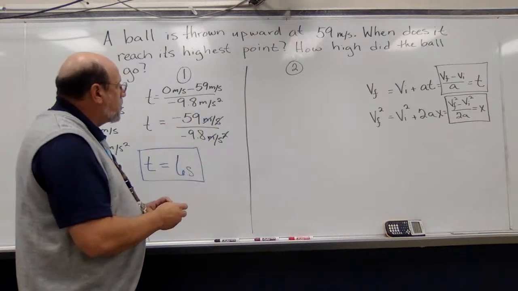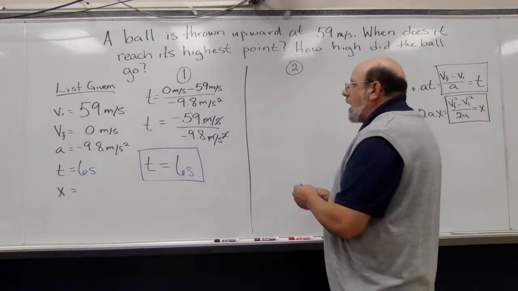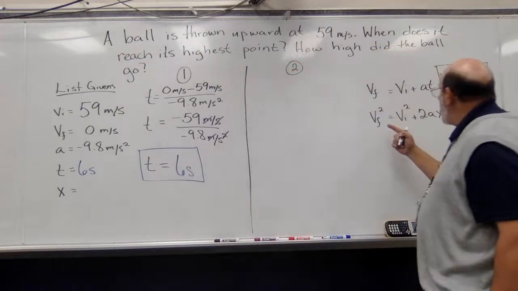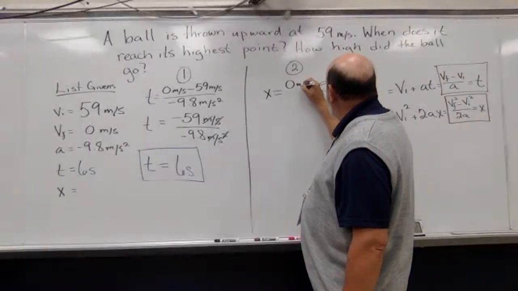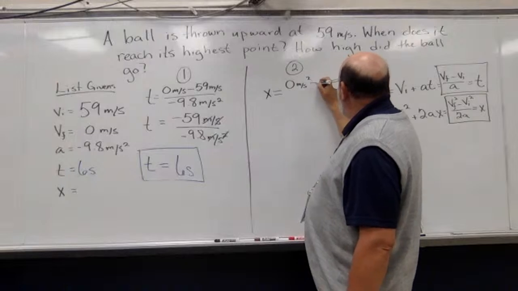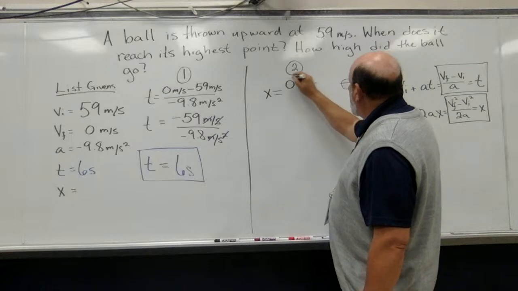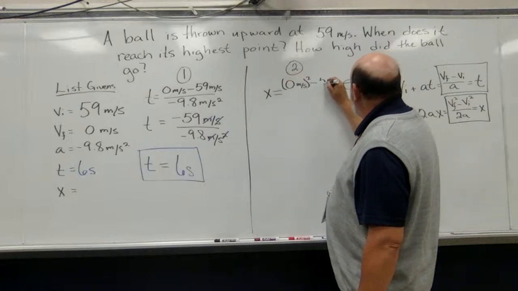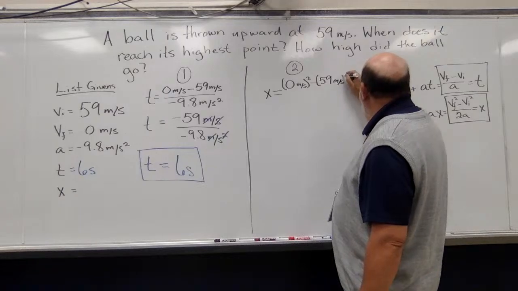Anyway, let's start putting our information in. What do we have? We have a final velocity squared is 0 meters a second squared, minus our initial velocity squared, which is 59 meters per second squared.